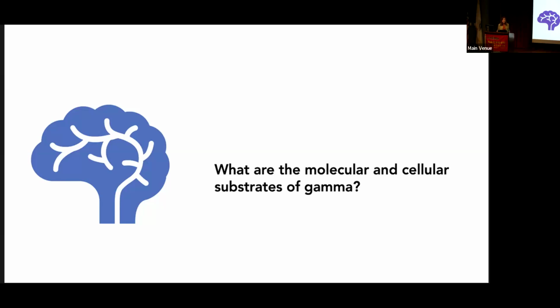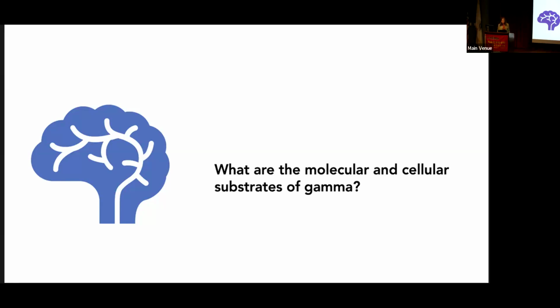So we don't know how neurons and other cell types in the brain respond to gamma oscillation and whether they actually play an active functional role in mediating gamma effects. Today, I hope to provide some insight into these questions.